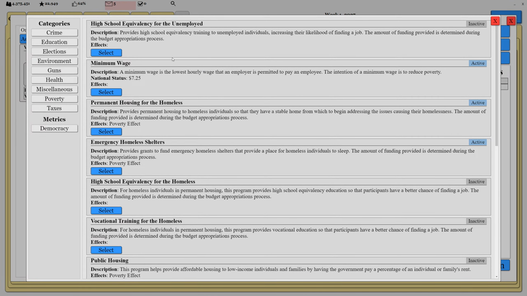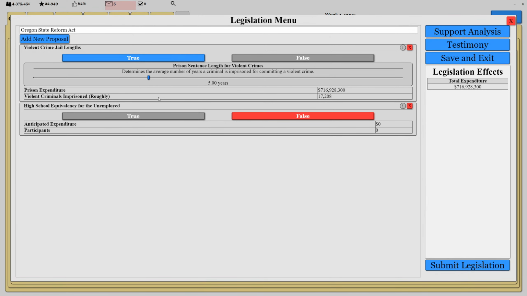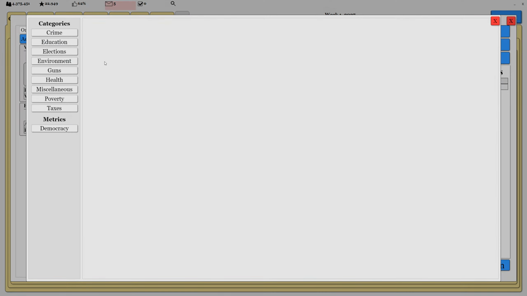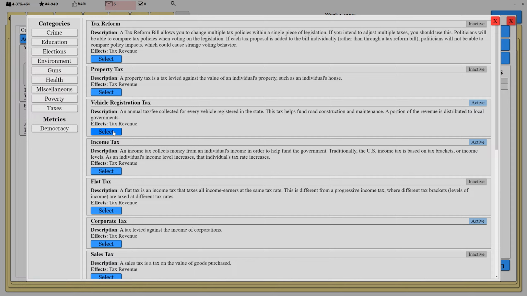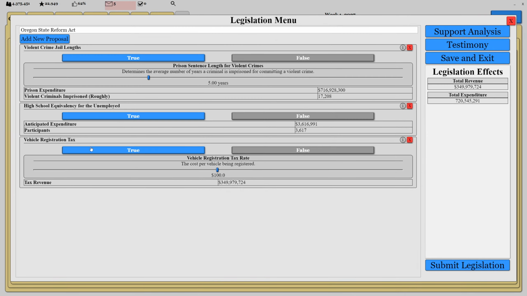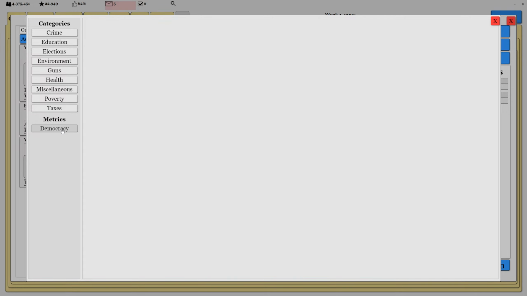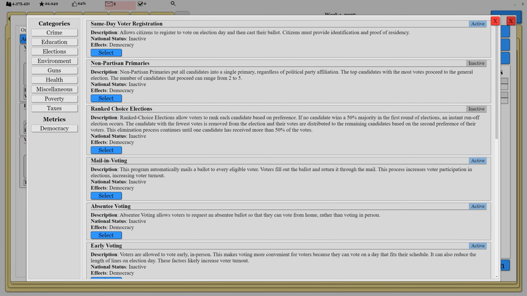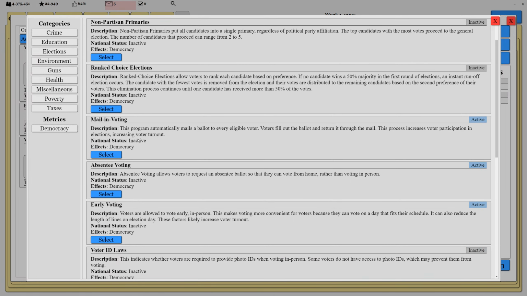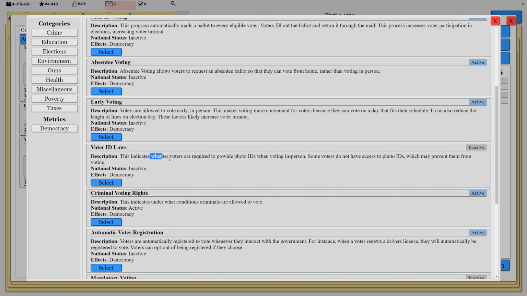Poverty. Mail-in voting, voter ID laws, provide photo IDs and voting in person.